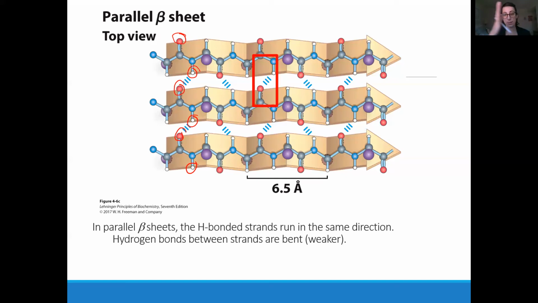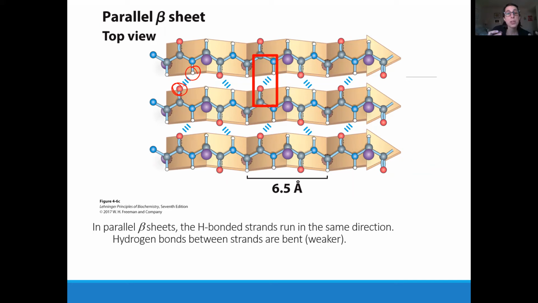So these are parallel strands. They are in the exact direction as the strand underneath of it. These parallel strands can form hydrogen bonds, and that holds them together as this beta sheet. Because they run in the same direction, you actually have a little bit more space between the amide and the carbonyl that are bonding with each other, making them a little bit bent and weaker.